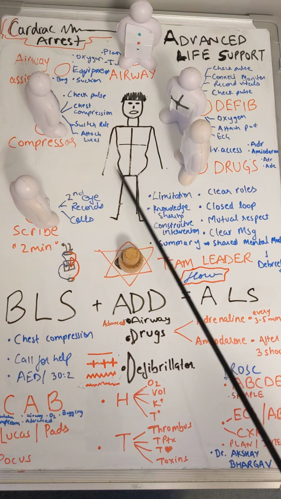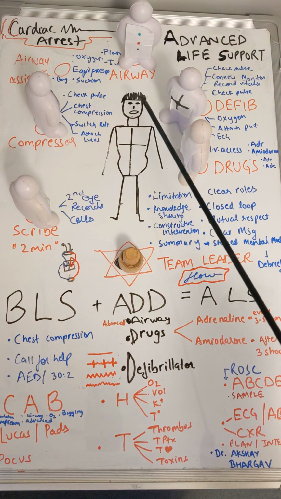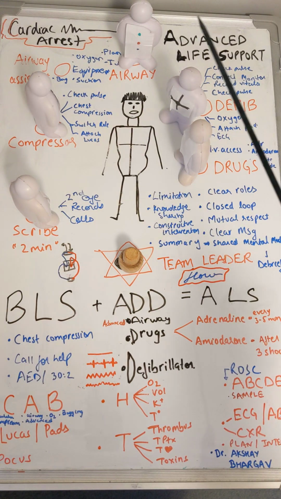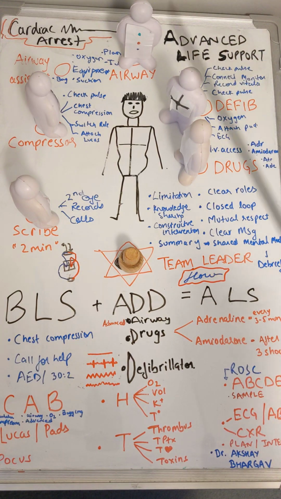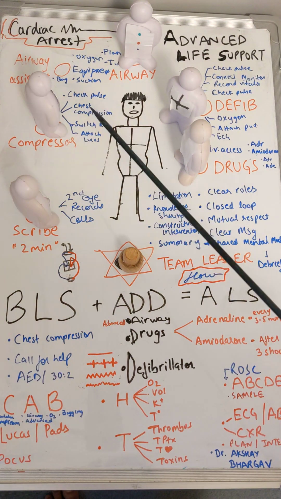So the only difference is that every 2 minutes when you are checking the pulse and the rhythm, you check whether it's shockable or non-shockable. And if it is non-shockable, you continue with chest compressions. And if it is shockable, the idea is that the heart is beating in an erratic manner.